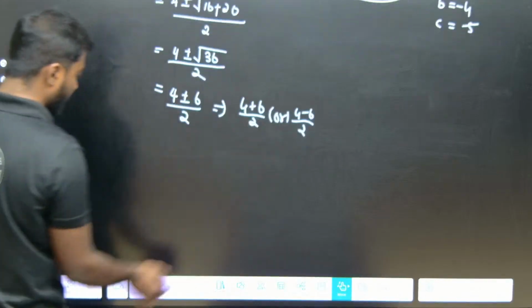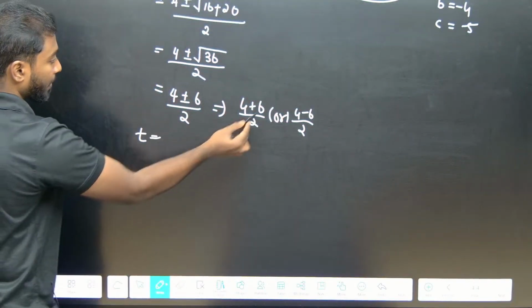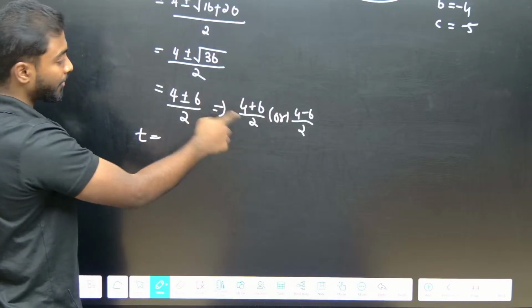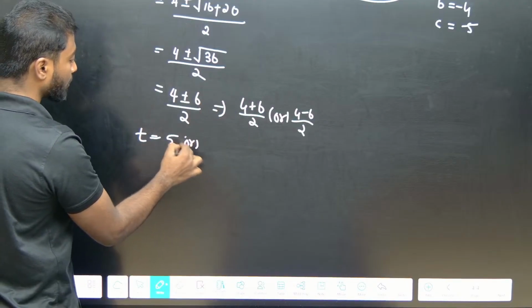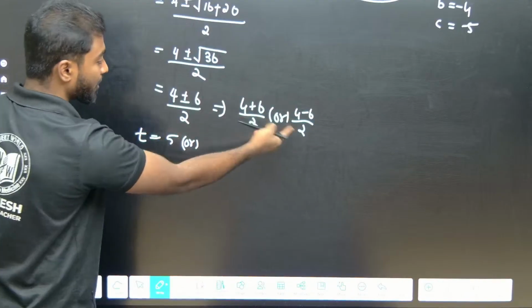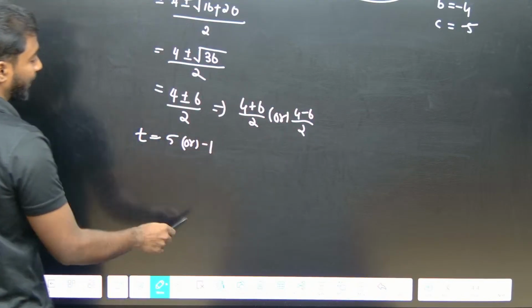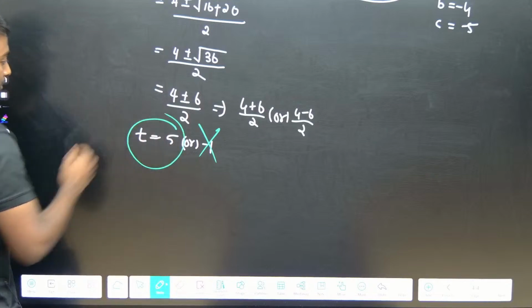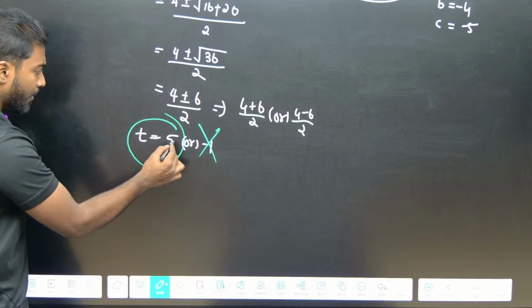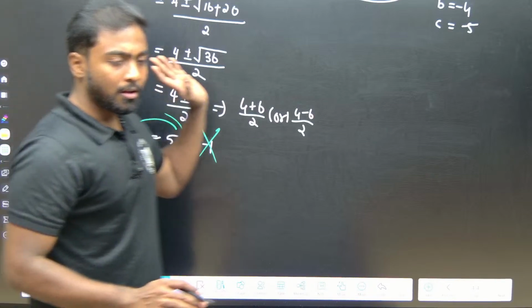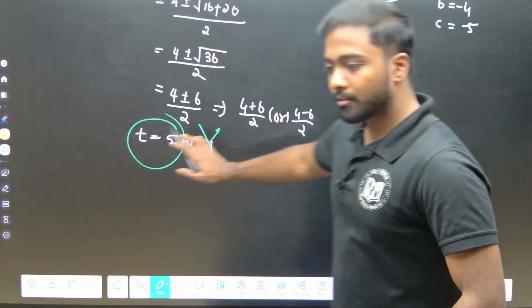So t will be equal to 4 plus 6, 10, 10 by 2, 5, or 4 minus 6, minus 2, minus 2 by 2, minus 1. Time cannot be negative, so it is positive. So t will be 5 seconds. So this one you got 5 seconds.